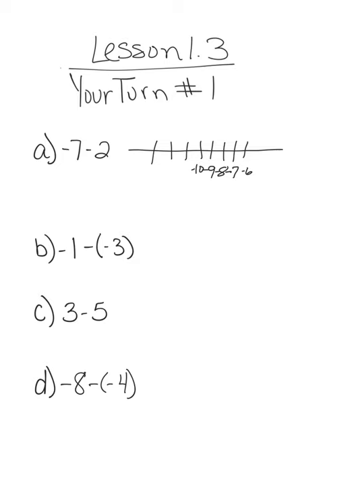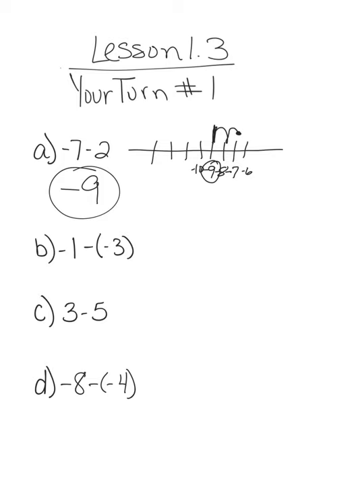So I'm going to start at -7, put a dot there. And because I'm subtracting 2, I'm going to go to the left 2 places. So 1, 2. So I'm ending right here at -9. So -7 minus 2 equals -9.